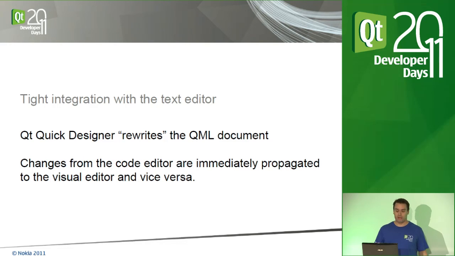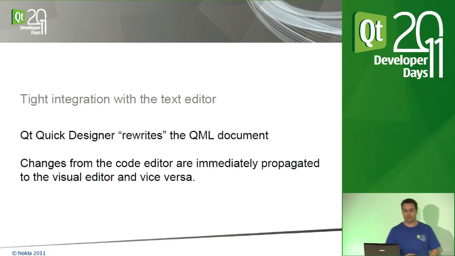People do heavily modify it in a text and code editor. So we just cannot take the file, load it, do stuff with it, and then save it again, because we will destroy parts of the file, destroy formatting. People will get annoyed. So what we basically decided was that we rewrite the QML document.